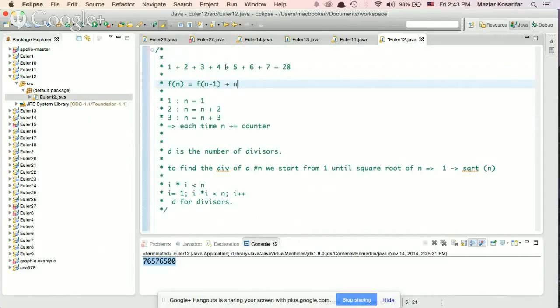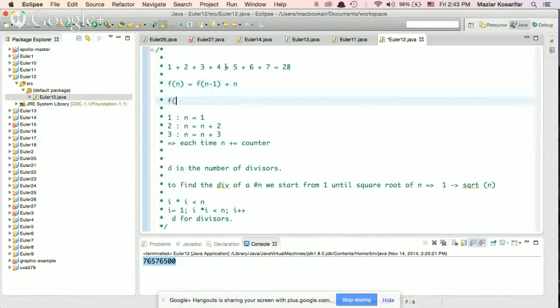There is one other obvious way that gives us each number directly. We can say that f of n is equal to n times n plus 1 over 2. Let me make sure it's right.